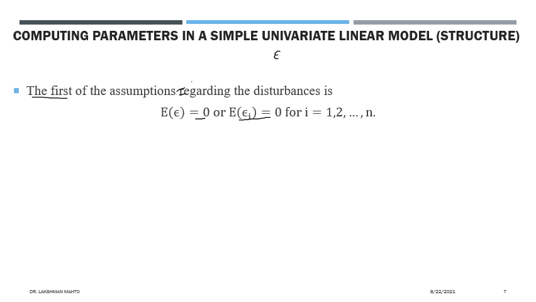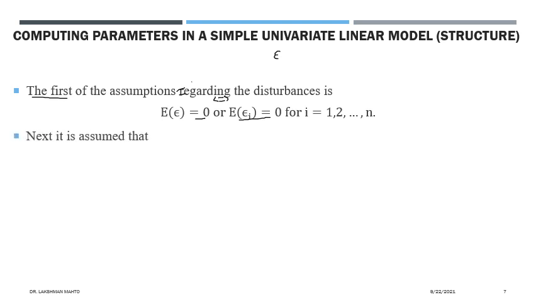That equality we can easily observe. So both imply each other. If you take the expectation of this disturbance vector equal to 0, it implies that the expectation of epsilon i, the ith member of that disturbance vector, would also be 0.